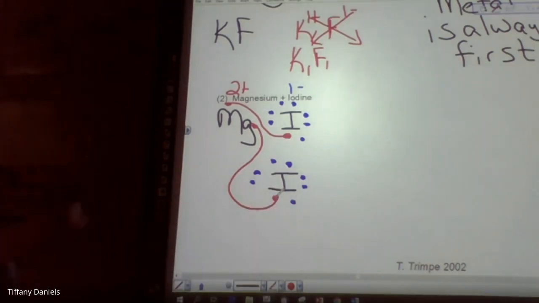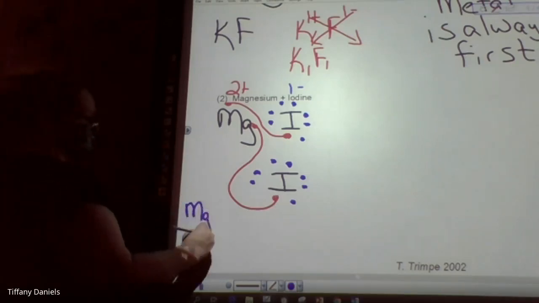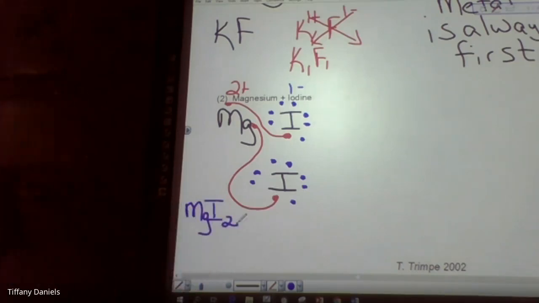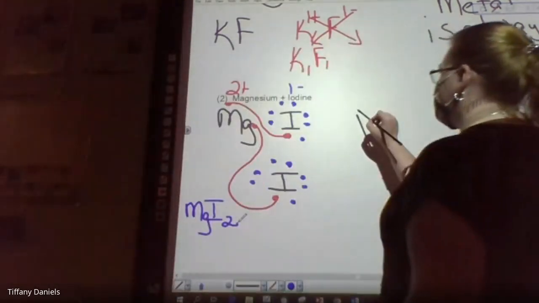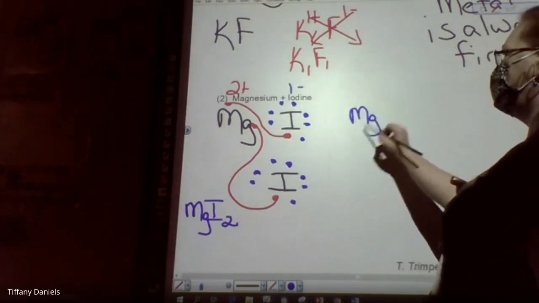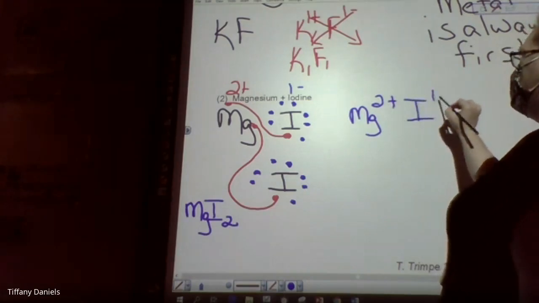So now we write our formula. We have 1 magnesium. We have 2 iodine. If we were to do it with the crisscross, we would have magnesium 2 plus, iodine 1 minus.